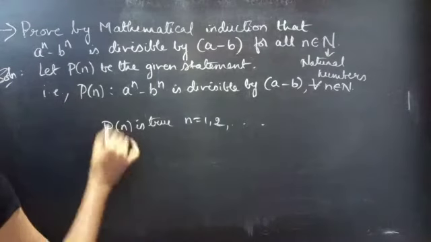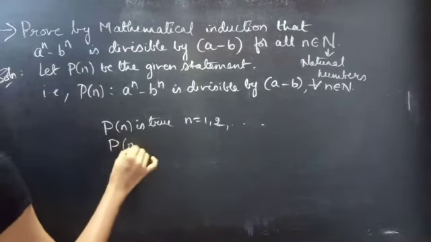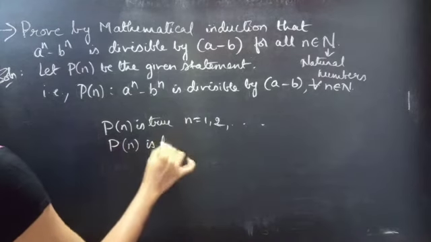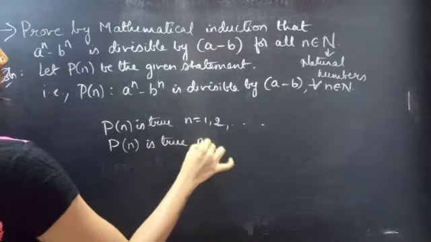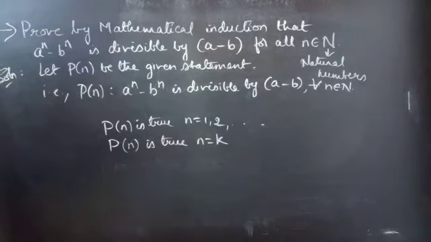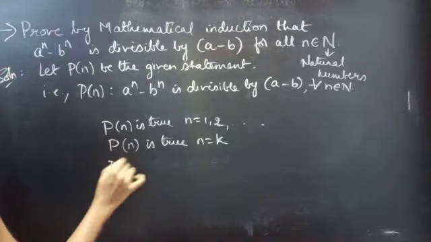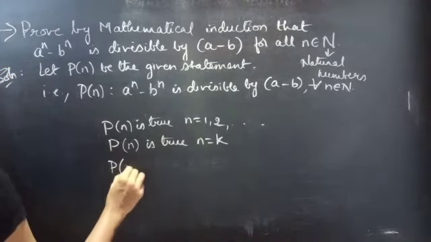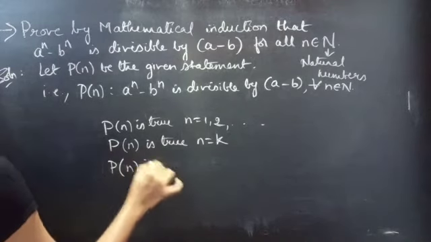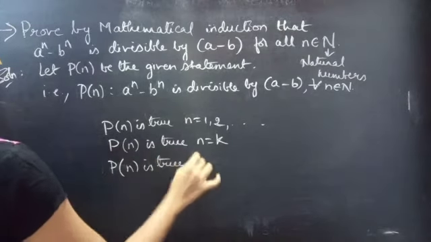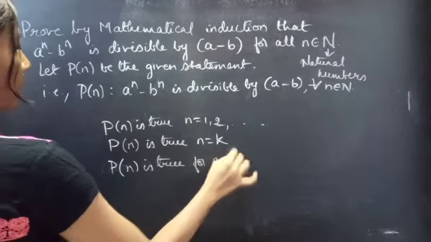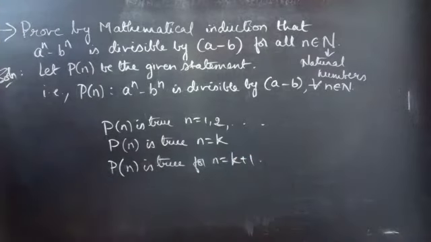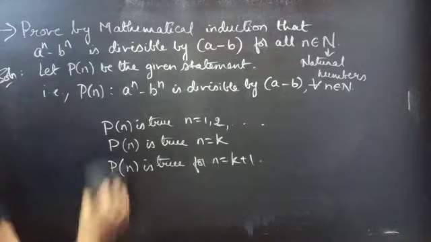And in the second step we'll assume that P(n) is true for some n equals k, and then by using this assumption we'll prove that P(n) is true for n equals k plus 1. Okay, fine.